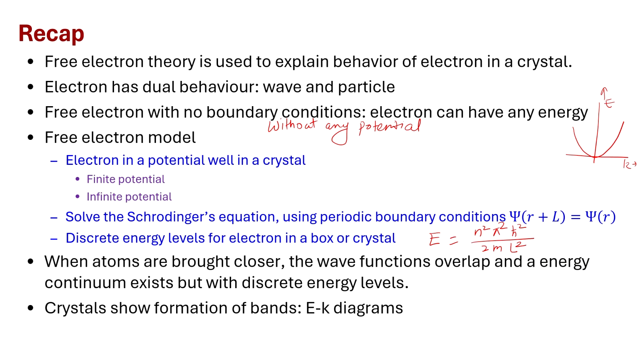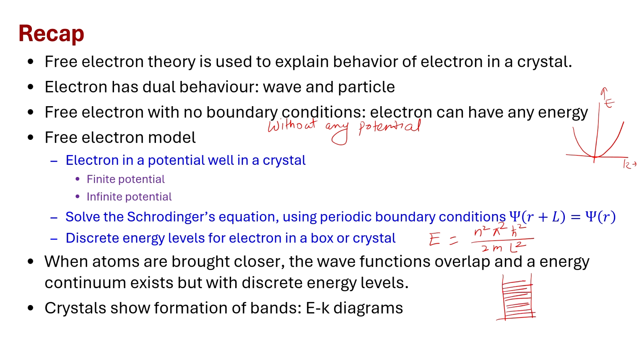When atoms are brought together, the wave functions of electrons overlap, and hence energy continuum may exist, but with discrete energy levels. In a many electron system, we have many energy states.